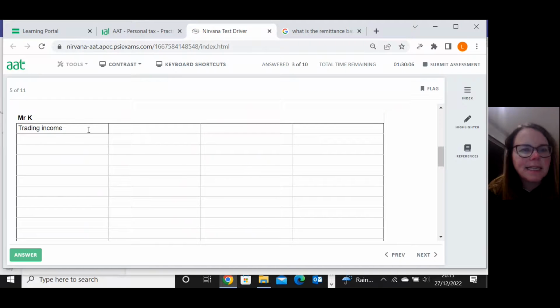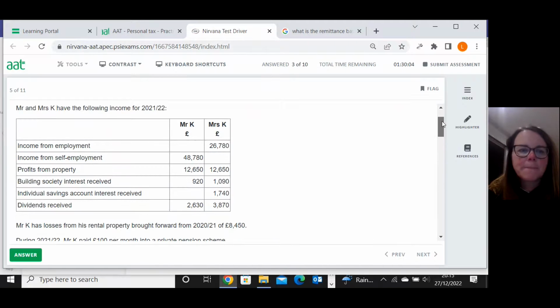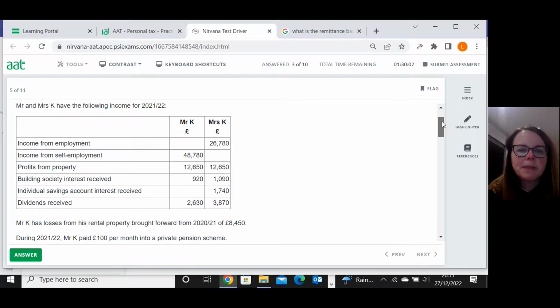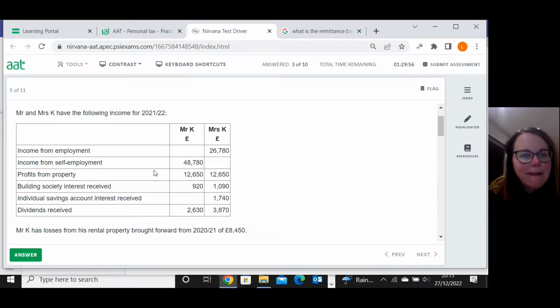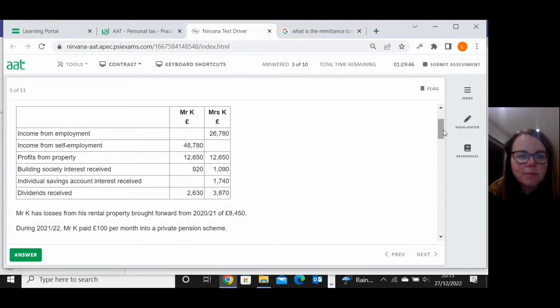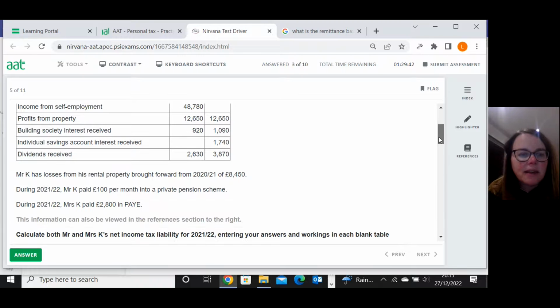he has trading income from employment, self-employment of 48,780. Let's have a little look. He's also got property income. He's got some rental property losses brought forward that we'll have to subtract from the property income. He's got some building society interest and he's got some dividends.